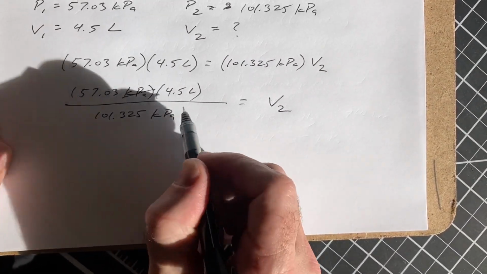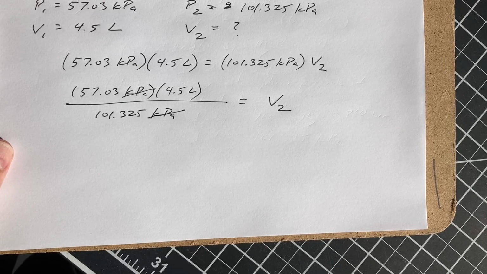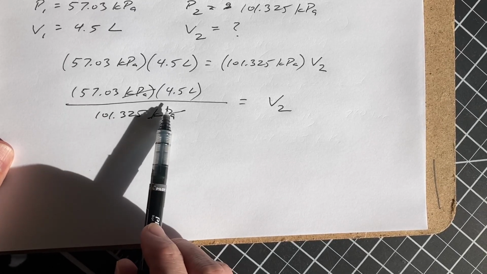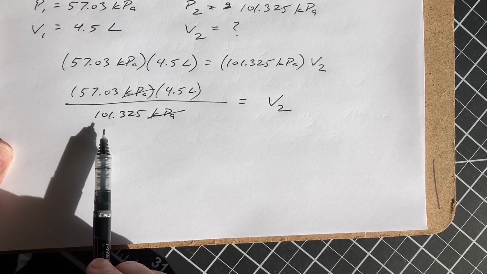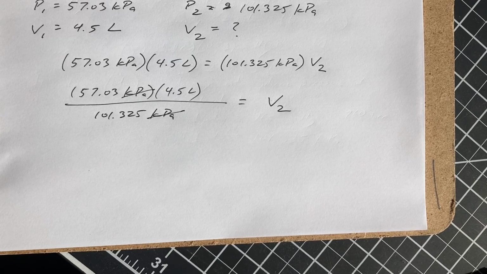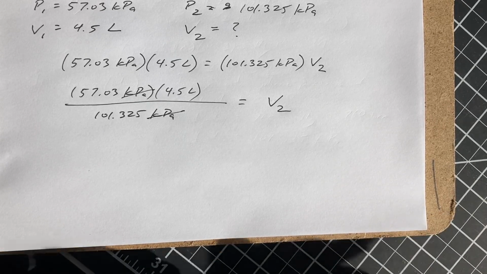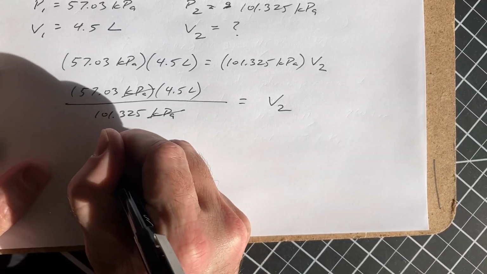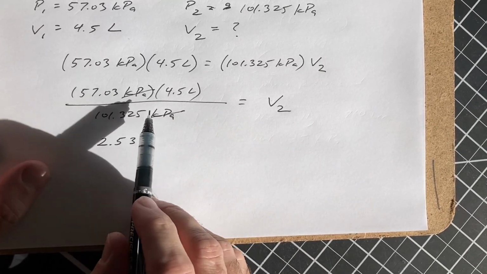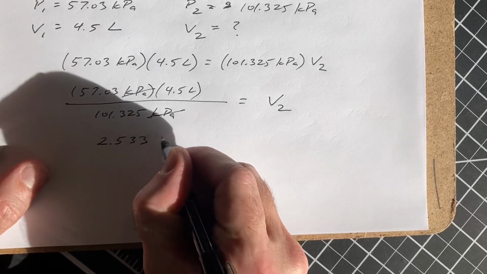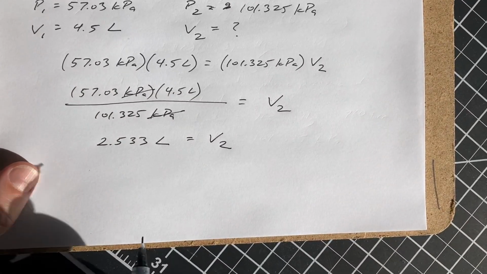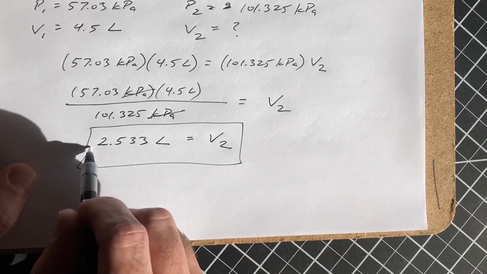All right, kPa cancels since it's on the top and the bottom. We'll do our arithmetic, 57.03 times 4.5 divided by 101.325. I did the arithmetic already. It will be 2.533. The only units that we have left are liters, equals our V2. And that is our final answer.